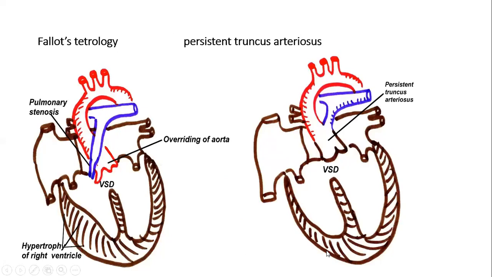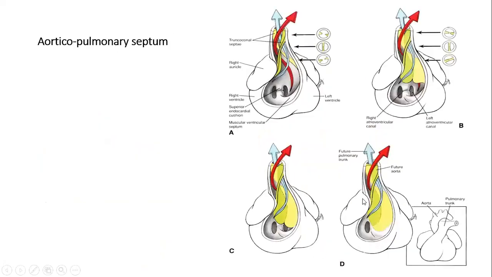I said there is formation of a septum between the future aorta and the future pulmonary trunk. During the formation of the septum between these 2 arteries, initially there will be 1 vessel, then they will separate into 2 vessels.